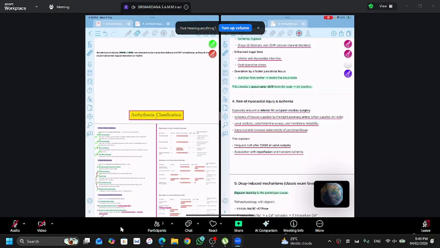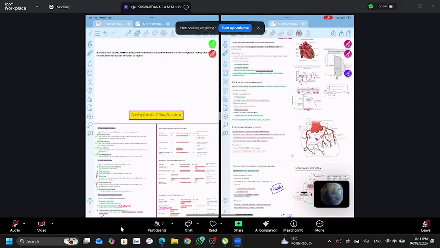This can happen because inferior MI is supplied by the right coronary artery. Most people are right dominant, and inferior MI usually happens due to right coronary artery dysfunction. It can also happen post cardiac surgery, whether CABG or valve surgery, basically something involving the tissue around the atrioventricular node. This can lead to higher automaticity of the AV node.